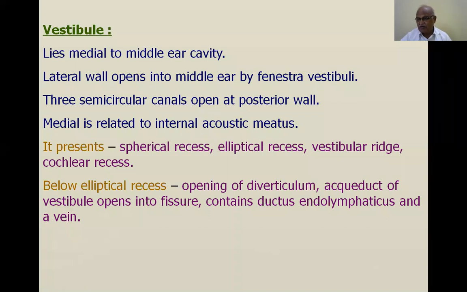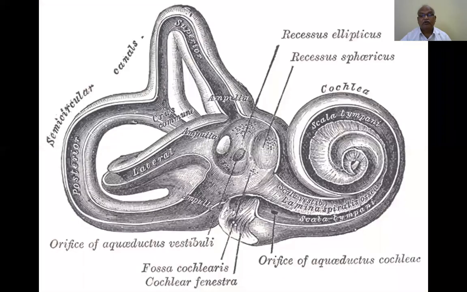Now, the wall of the vestibule, I will show you. So this is the wall of the vestibule. This is the lateral semicircular canal, superior or anterior, posterior semicircular canal. Now, the wall of the vestibule contains the elliptical recess and the spherical recess.